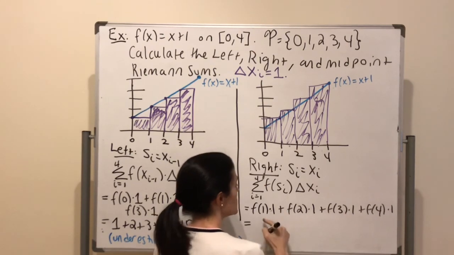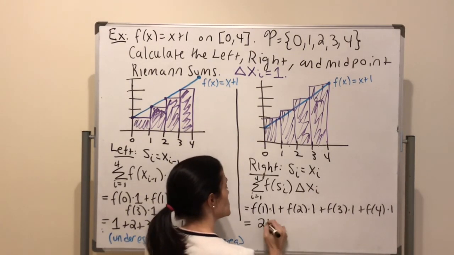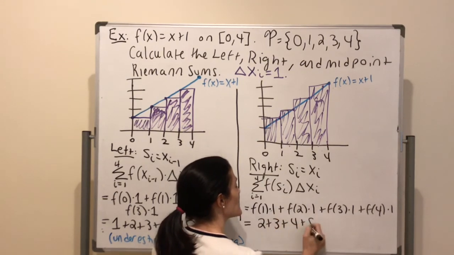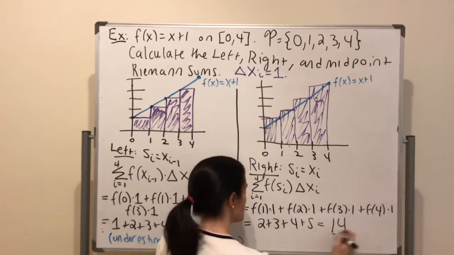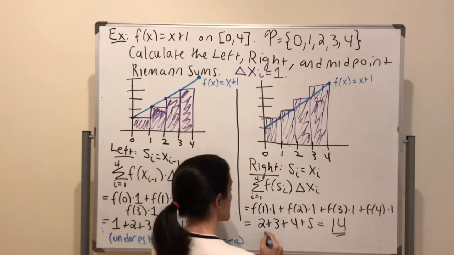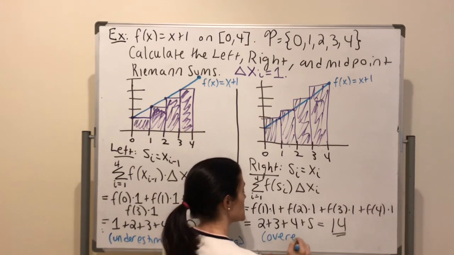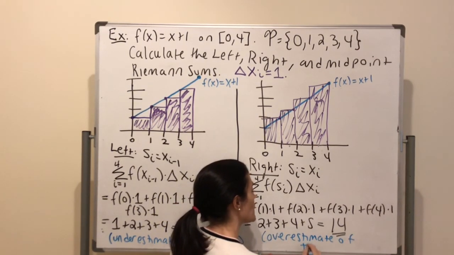And again, the function value is just x plus 1. So this is 2 plus 3 plus 4 plus 5. This is 14. And as I mentioned, we can see graphically this one is an overestimate of the total area.